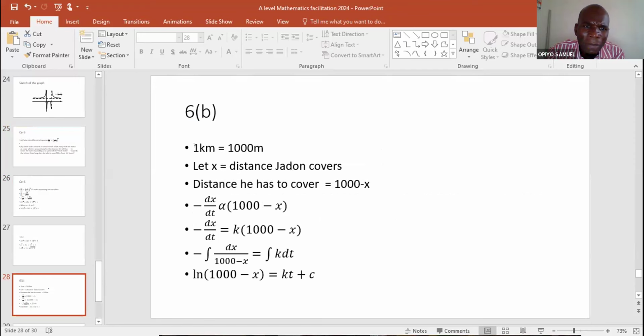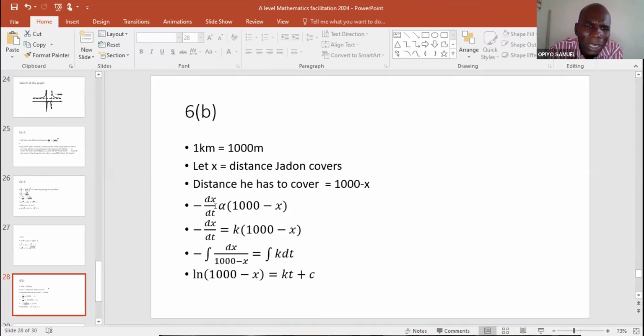Remember, they are given in kilometers, but here we have 2 units, so you need to change to be consistent. So for this case, y is negative, as he is moving from home towards school, he is reducing the distance from school to where he is. So this is decreasing. That's why the negative has come here. If it was continuously increasing, then the negative would not appear.